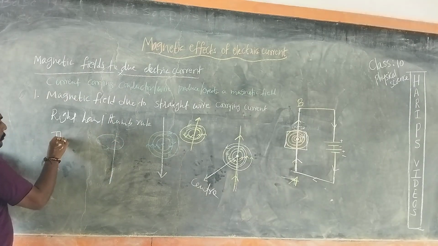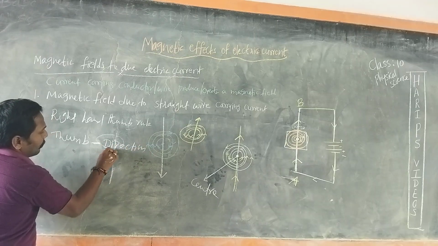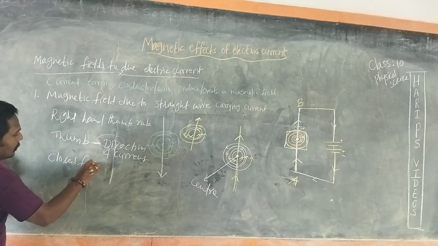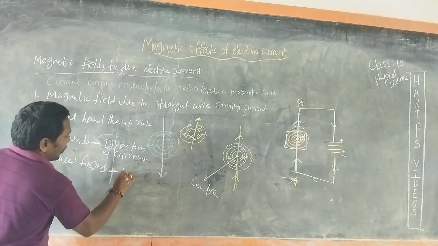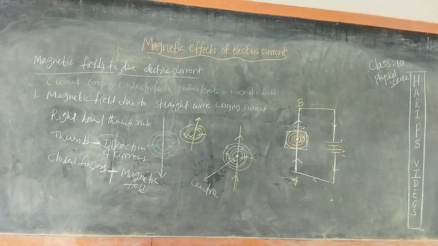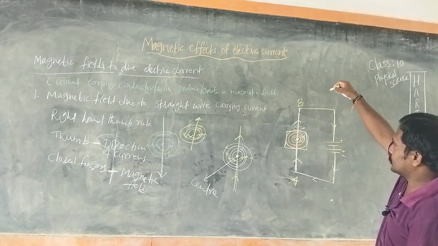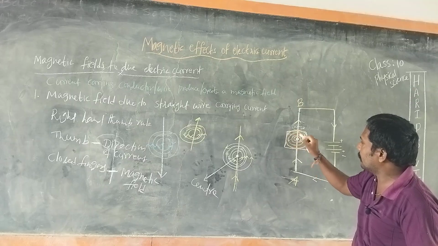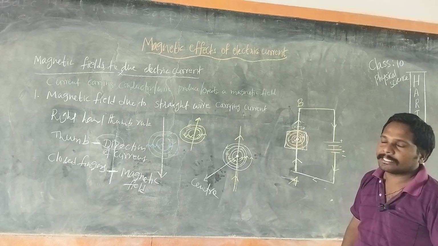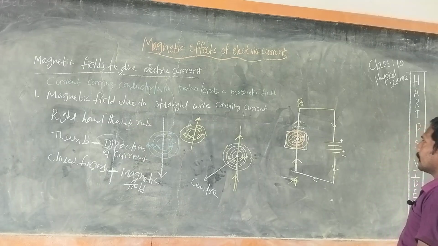So the thumb denotes the direction of current, then the closed fingers denote the magnetic field. If the direction of electric current is upward, then the magnetic field is formed around the current carrying conductor in the anti-clockwise direction. In case of downward direction, the magnetic field lines are clockwise.